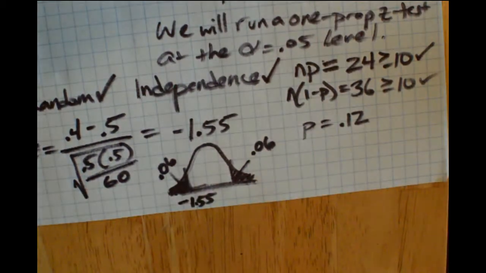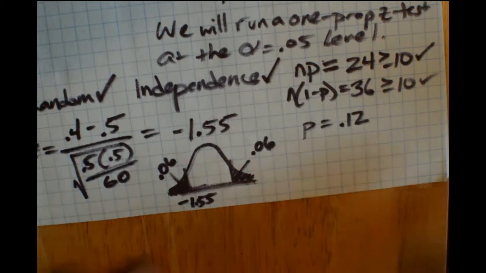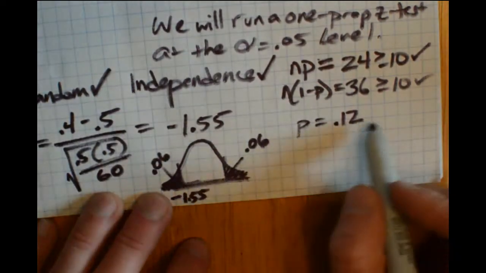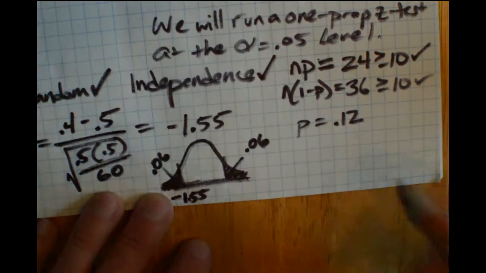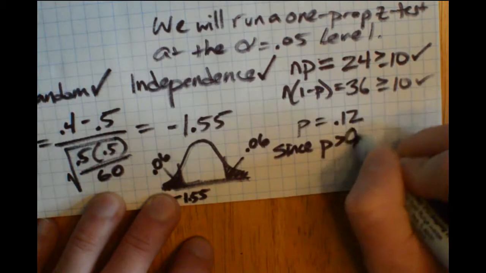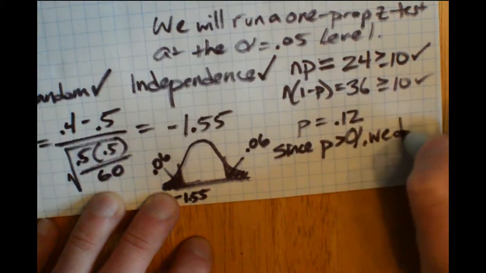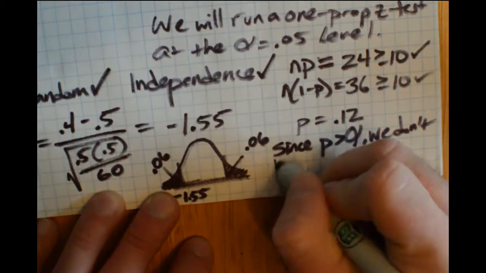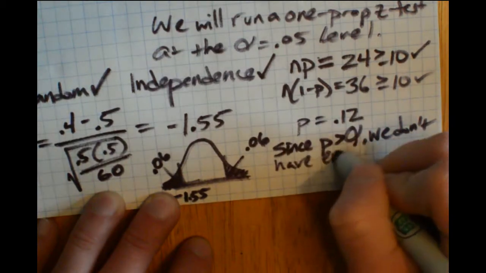Since our alpha level is 0.05, we don't have enough statistical evidence to claim that flipping the frisbee is really unfair. We don't have enough evidence that it wasn't just chance. There's a 12% chance we would observe something this extreme.